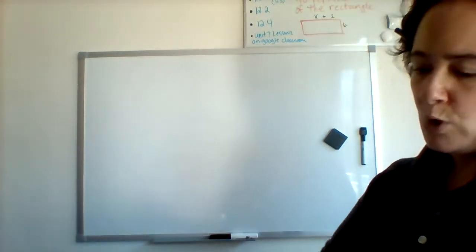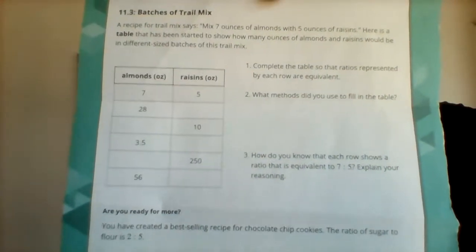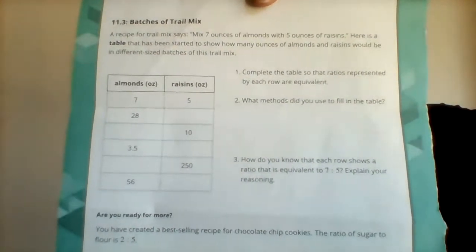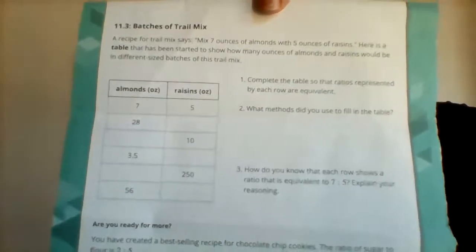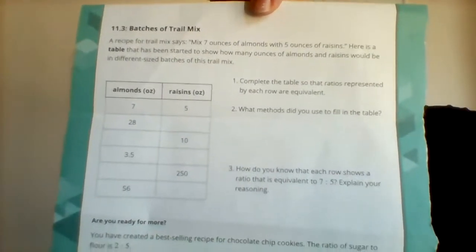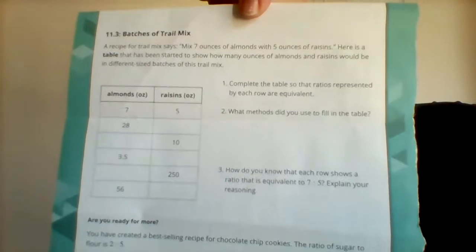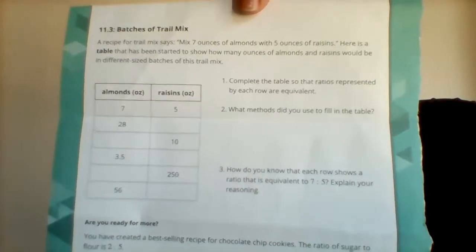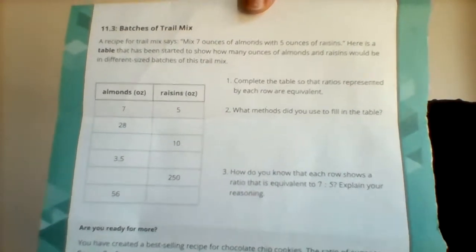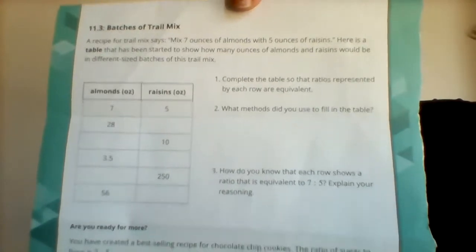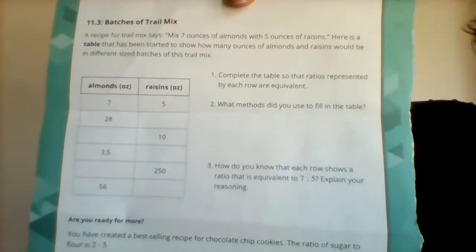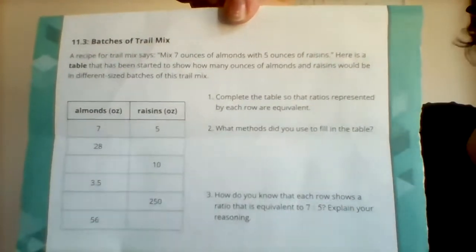All right, cool. Okay, now 11.3 looks like this. We're still in unit 2, so we're still in that green book, ratios. We're almost done though. Today marks the last day of the lesson. We're going to do lesson 12, and then we're going to review tomorrow and Thursday.